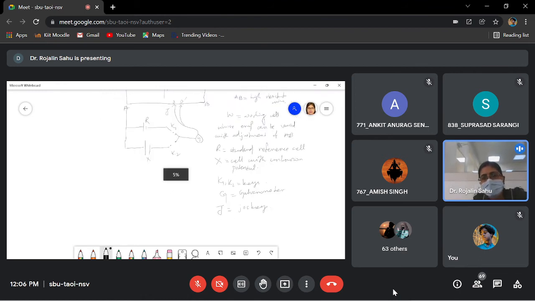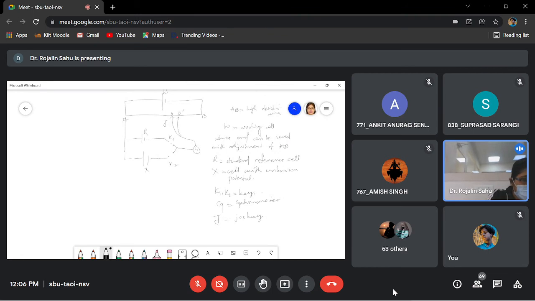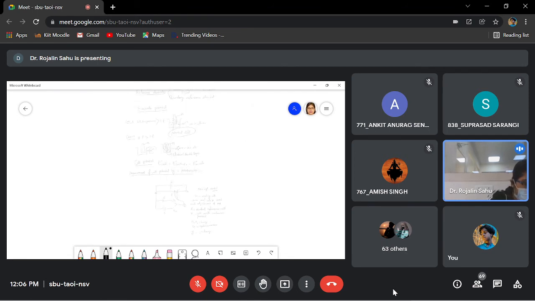Okay, so already I think in your 12th class in physics you know this, about the potentiometer. This is a circuit diagram of a typical potentiometer. So the calculation is ER.